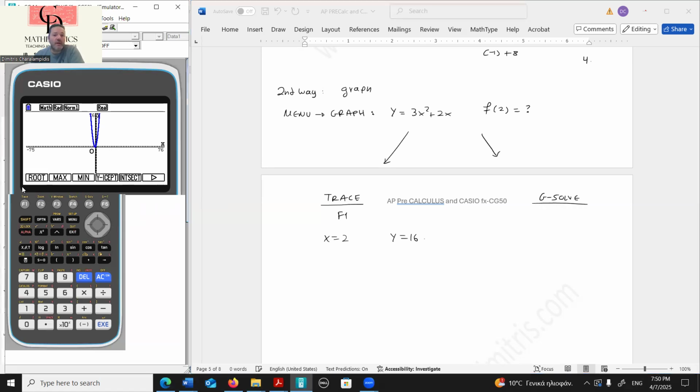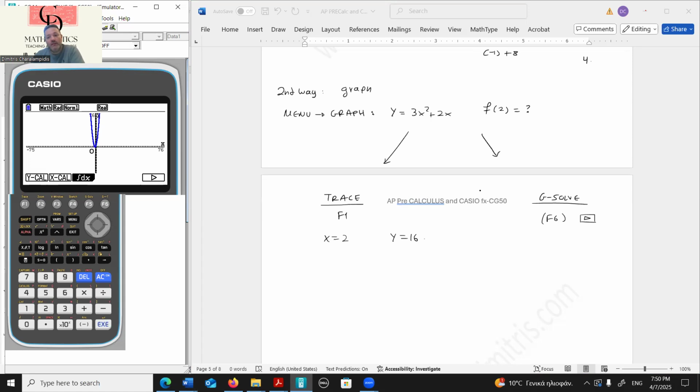A second way to solve this, apart from trace, is to go to G-Solve. This pops up a new series of commands: roots, max, min, y-intercept. In F6 there is something like a play button, and if we click on that, it creates another three commands.